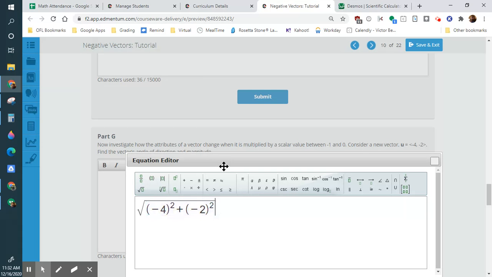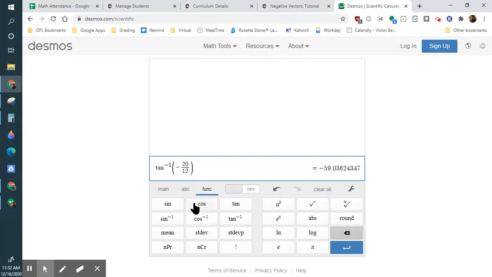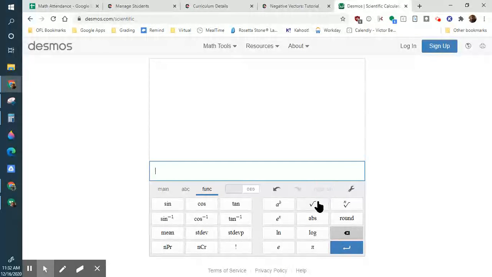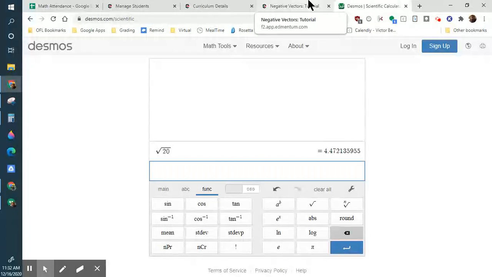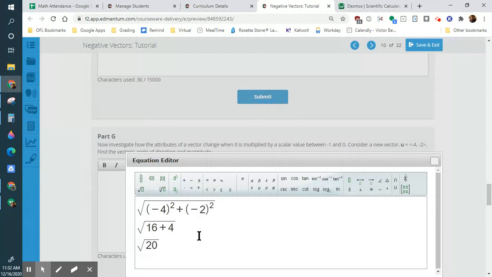This is going to equal 16 plus 4, which will give us the square root of 20, which, since they've been wanting us to solve for, let me actually solve for the square root of 20. 4.47. So we have that. That's our magnitude.